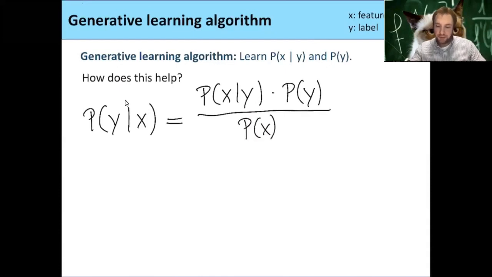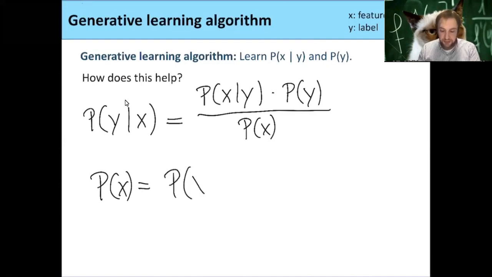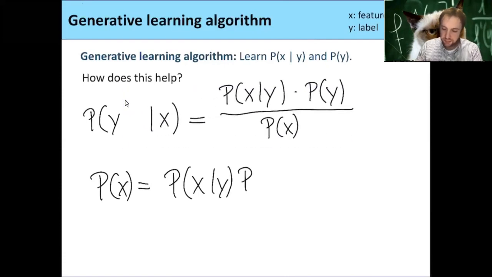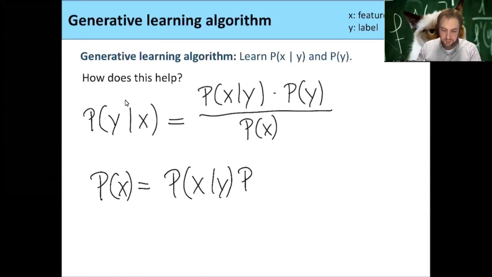And P(x) we don't know, but there's a simple formula. The probability that x happens is the same as x assuming y, and the probability, maybe let me rewrite this here. Yeah, hold on. Let's do it like this.